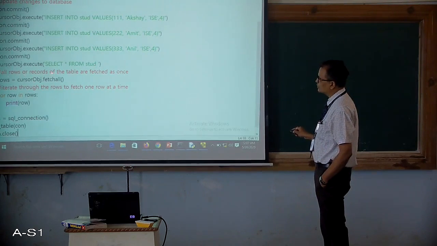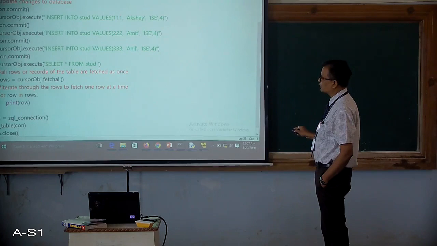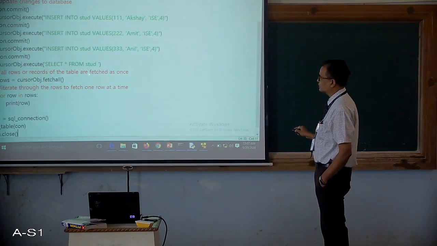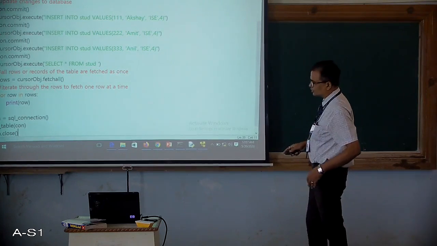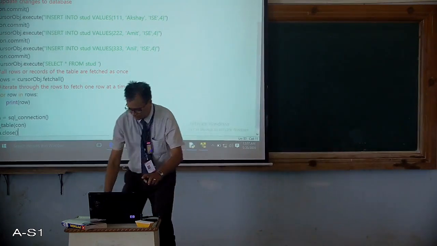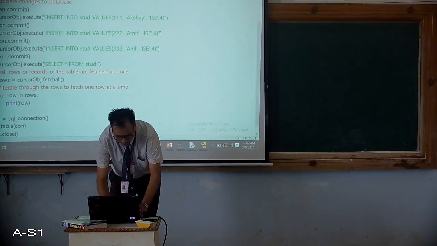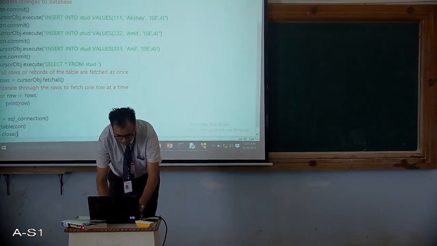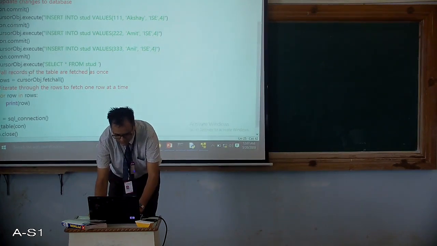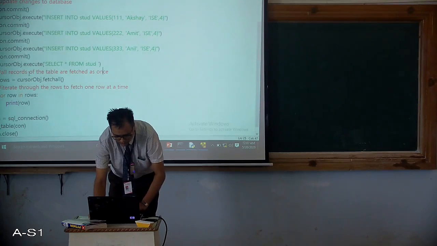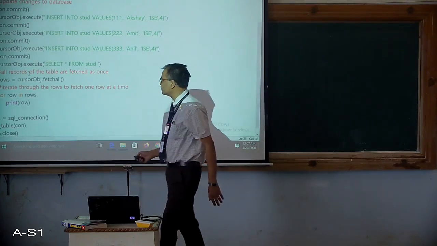All rows of the records of the database are fetched at once. Okay. So if you want to fetch all the rows at a time, all records of the table at once, then you will have to use which command?